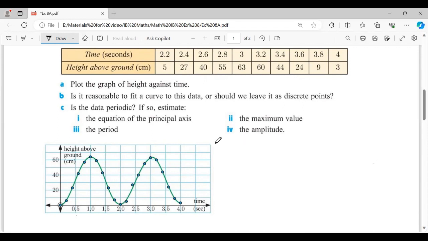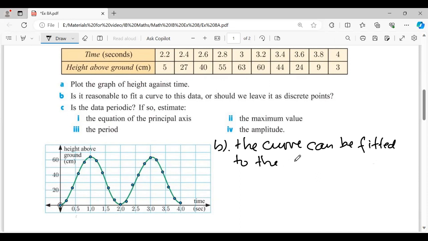No need to leave it. So B, the curve can be fit to the data.